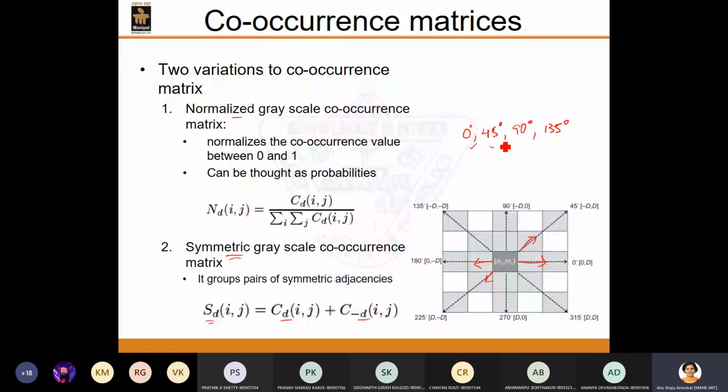Either you use the directional pattern information which is available, or if the patterns present in a particular image are more circular or blob-like in nature, then combining all these together may give better information. So these are different ways by which you can work with GLCM or co-occurrence matrices.